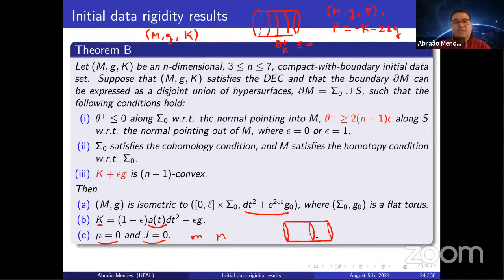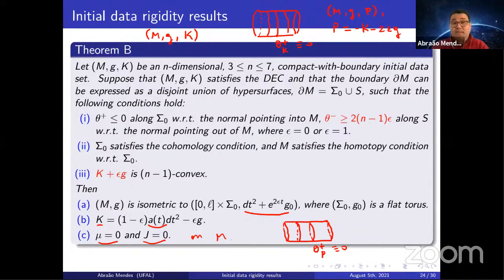Now we use the convexity and a maximum principle for MOTS. So here the leaves have null mean curvature equals 0. Then we can use a maximum principle and also the convexity condition to show that these two foliations agree, okay?